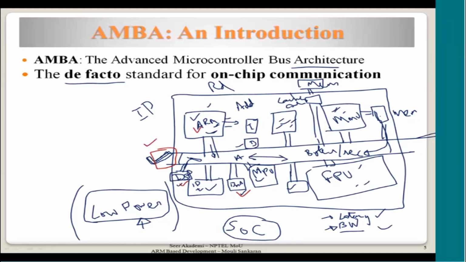So maybe an arbiter is one, which I will talk about later, but just to give you an overview, an arbiter is the one who decides among multiple masters connected to the bus who can own the bus for a transaction at a particular time.